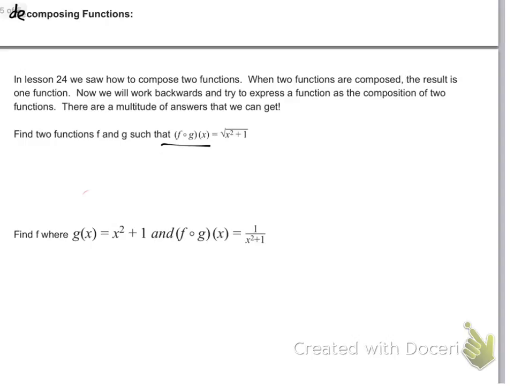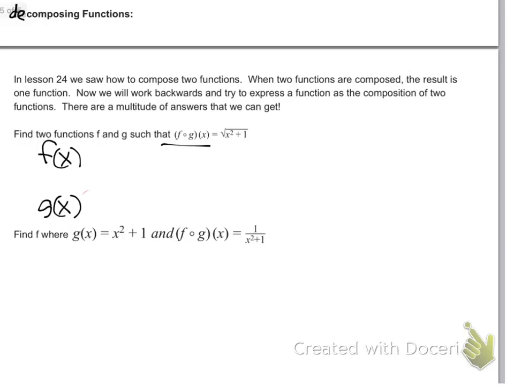It's saying that the composition is equal to the square root of x squared plus 1. So what it's asking us is, what is f of x and what was g of x? What were they, or what could they have been, before I decided to put them together?